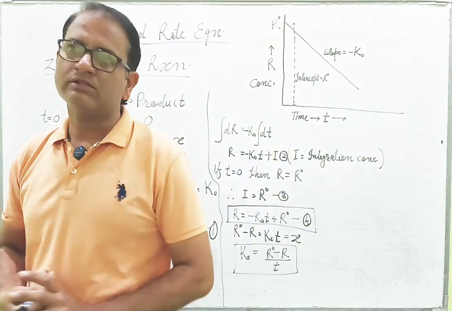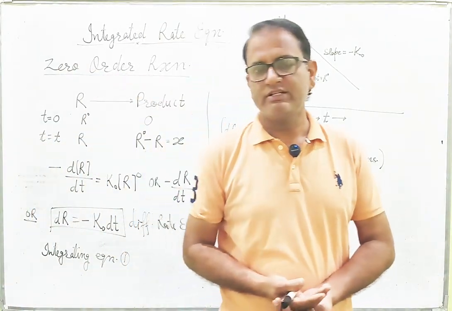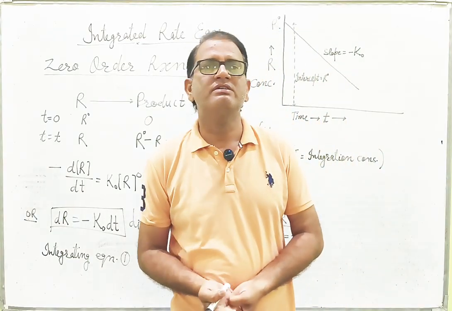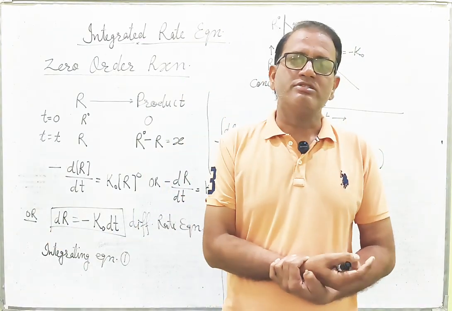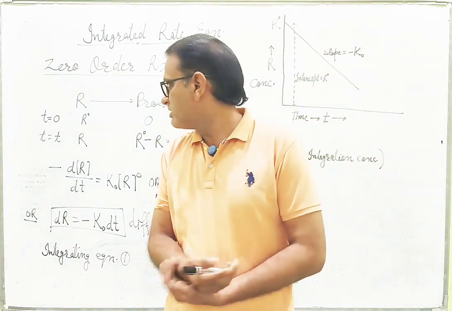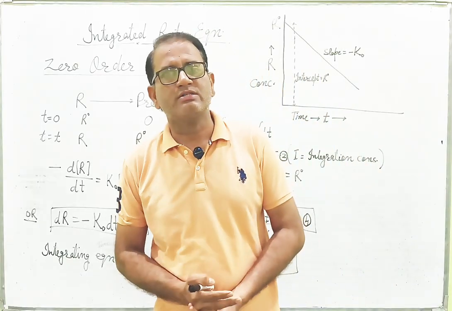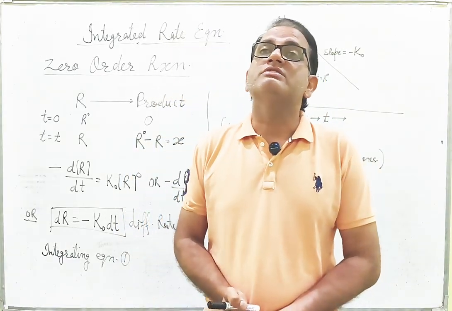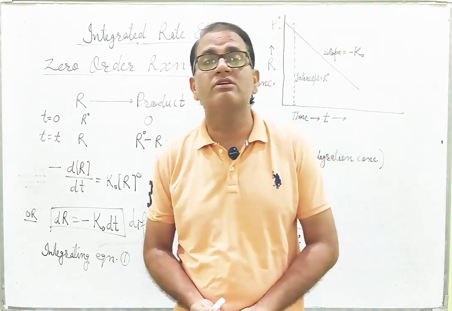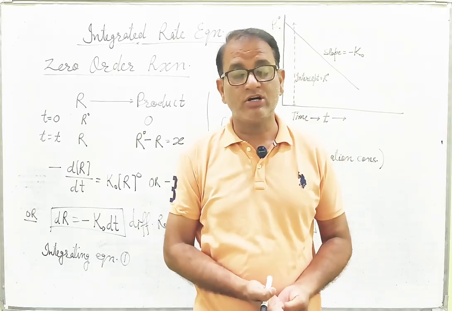So we will take zero order reaction and first order reaction, and we will integrate the differential equation, and then we will see how the rate constant is calculated from this integration. So first we will take zero order reaction, and we know that zero order reaction is a reaction in which the rate of reaction is independent of concentration of reactant, am I right?